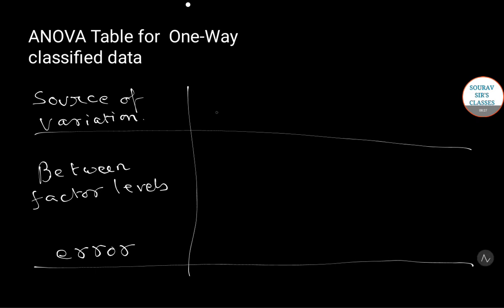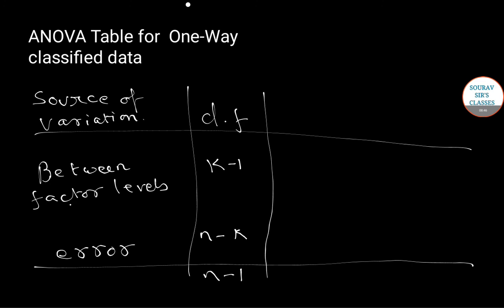The next column would be for degrees of freedom. For between factor levels, it would be k minus 1, and for error, it would be n minus k, giving the total of n minus 1.